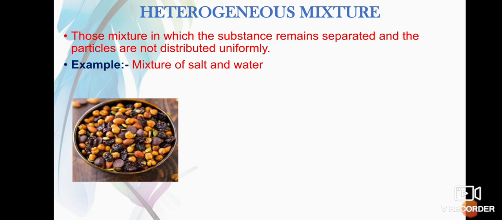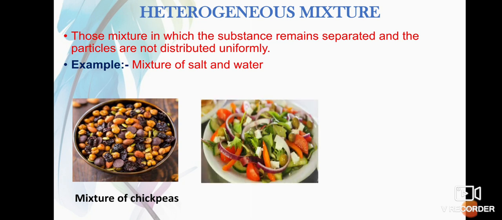Okay students, if you observe the examples, a mixture of chickpeas, you can add different types of chickpeas and that becomes a mixture, and we can separate it. Like this vegetable salad. This is also one type of mixture, but we can separate it.